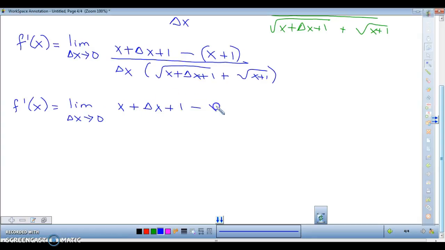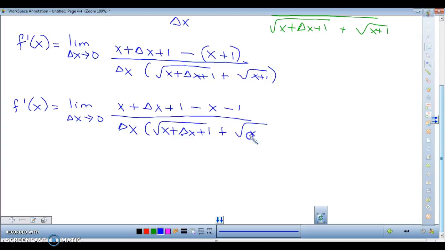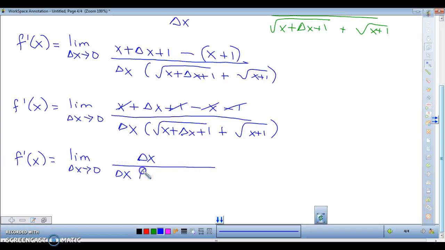I would probably try to get to the point where you can not write one of these steps down right here, simply because of the time that you're going to have to take a quiz or a test, because everything is timed. Okay, so right here again, you see everything that does not have a delta x in it is going to cancel. So you're left with delta x over delta x times all this stuff right here.